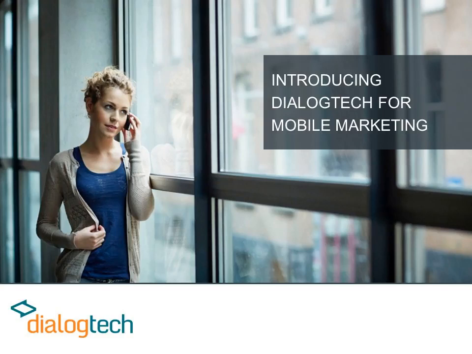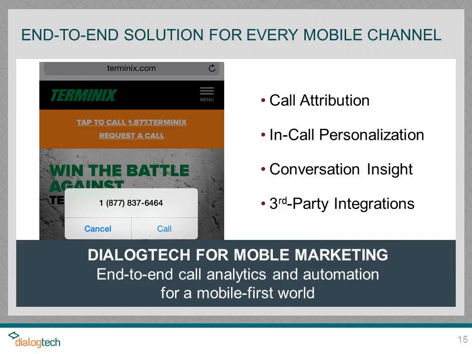So with that, I wanted to introduce DialogTech for mobile marketing. That is our new solution, an end-to-end call analytics and automation platform really built for a mobile-first world. It is made up of four key components, which I will go into in a bit more detail.